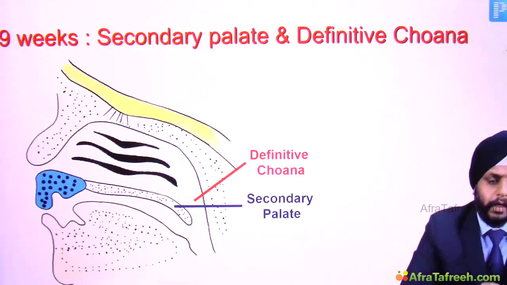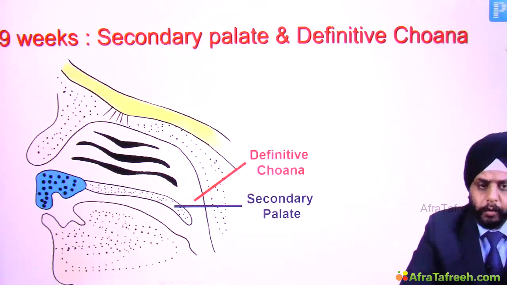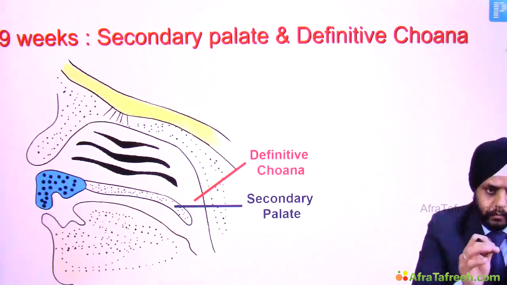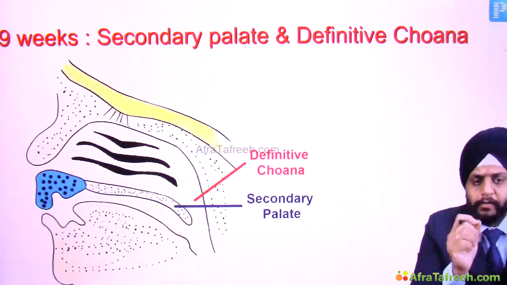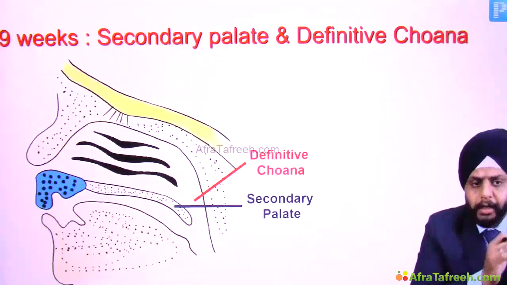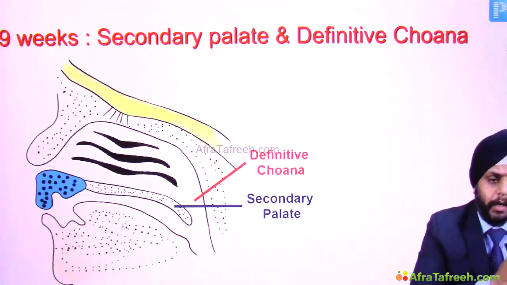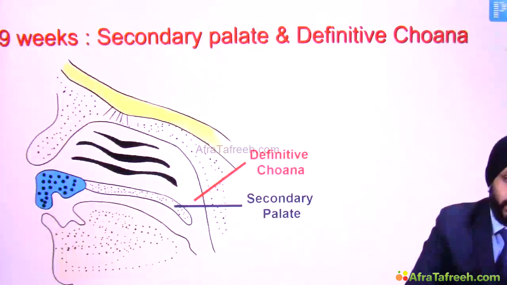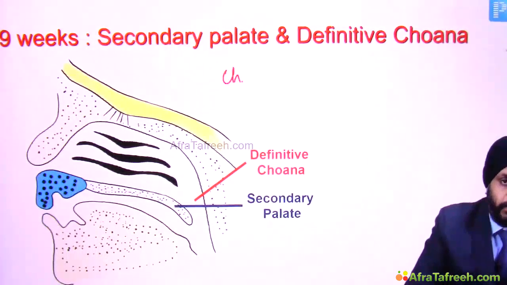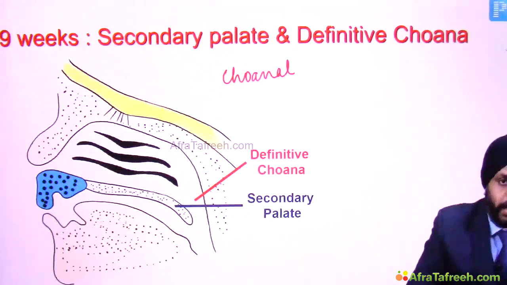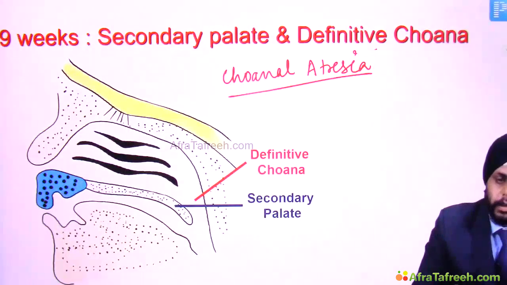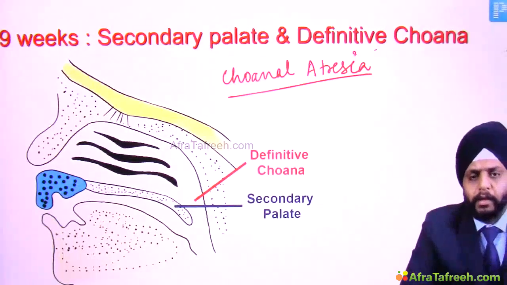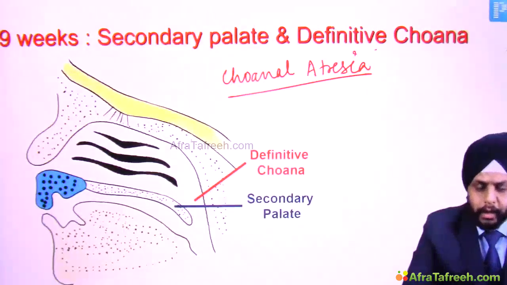Now remember, if the oronasal membrane does not break down, this choana will not be formed, and we will have a condition that is known as choanal atresia, right? We will discuss this condition, choanal atresia, in the next topic.